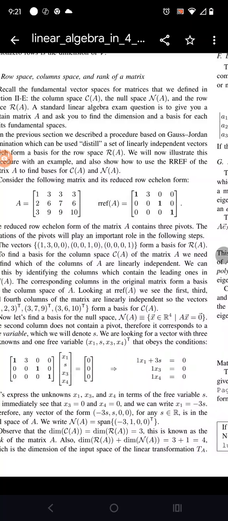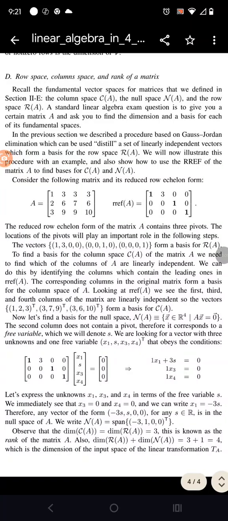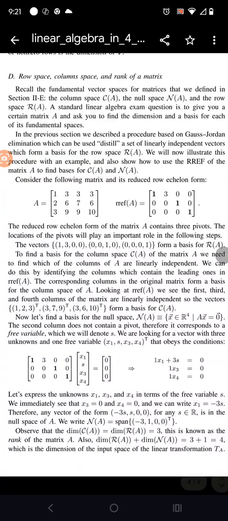Why should it be in R power 4? Because look at A. A is a 3 by 4 matrix. Since it is 3 by 4, if you want to perform this A x dash multiplication operation, x dash must be 4 times 1. So x dash must be a member of R power 4.